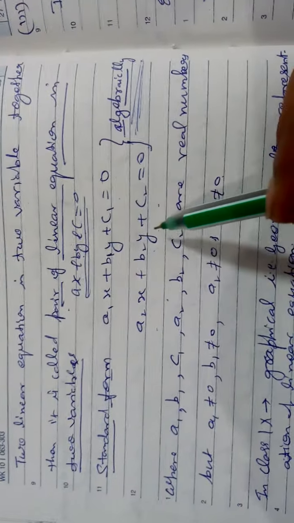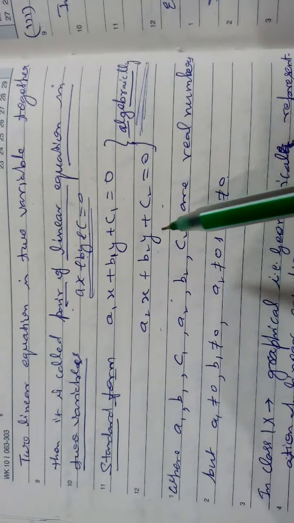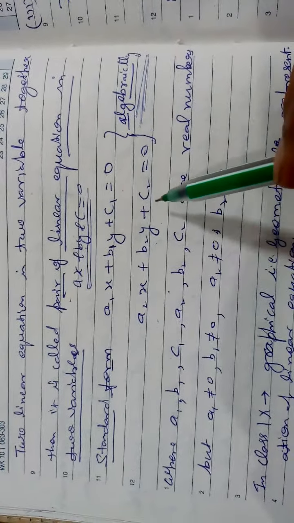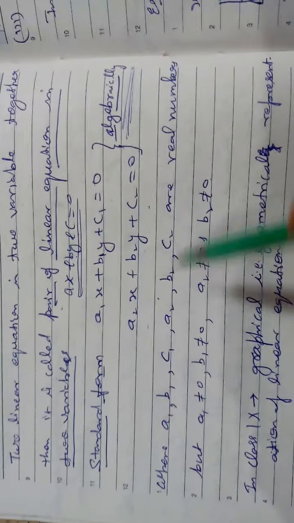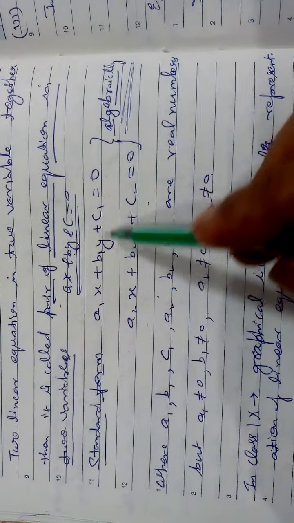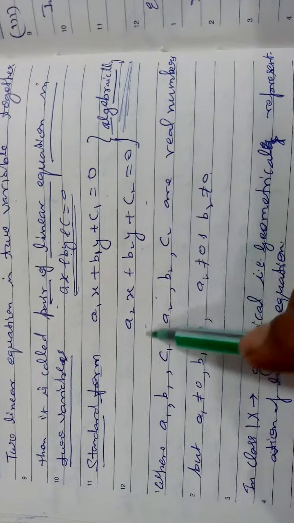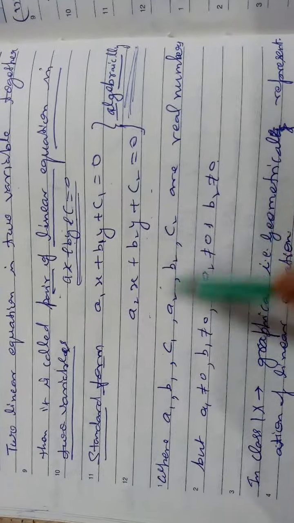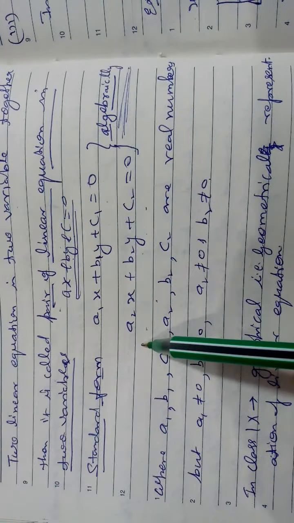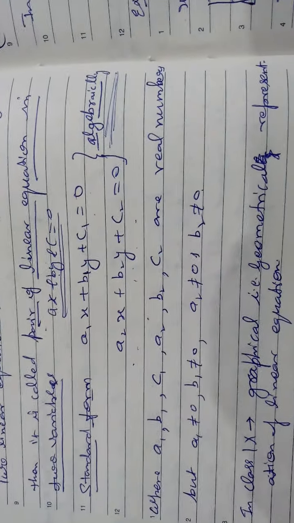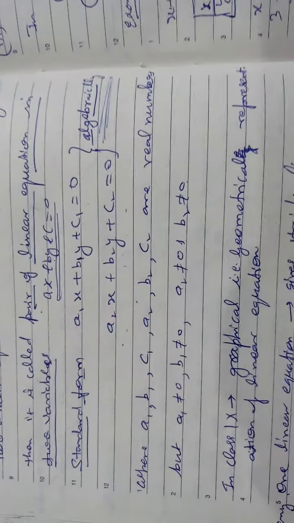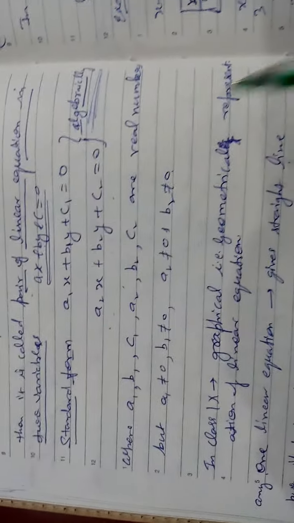But when you plot it in the geometry copy and the graph copy, it is called the geometrical representation of the graph. So all these values a1, b1, c1, a2, b2, c2 are real numbers, but a1 is not equal to 0, b1 is not equal to 0, a2 is not equal to 0, b2 is not equal to 0, or the sum of squares will not be equal to 0.